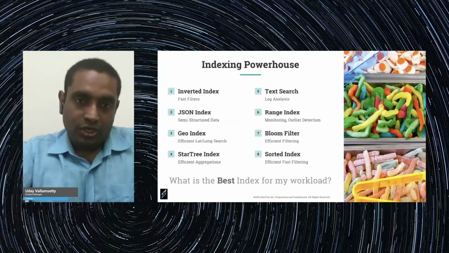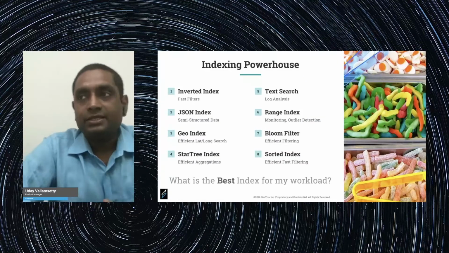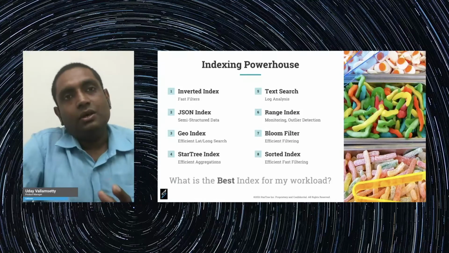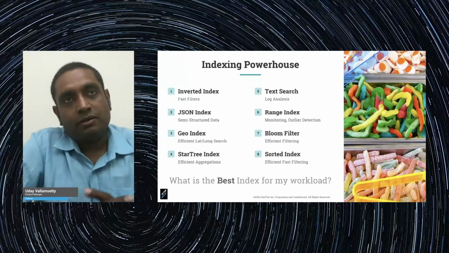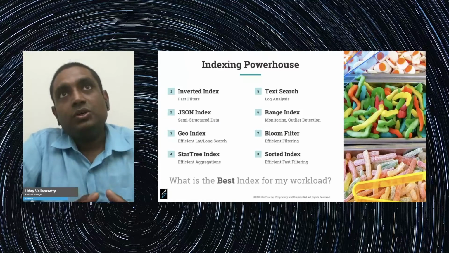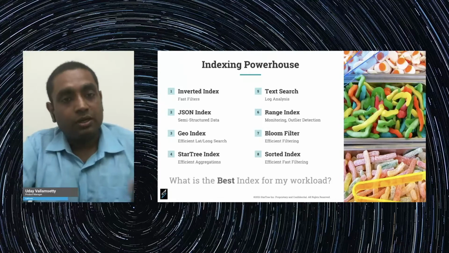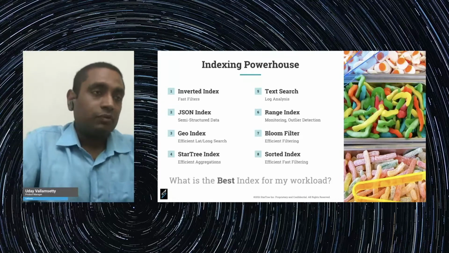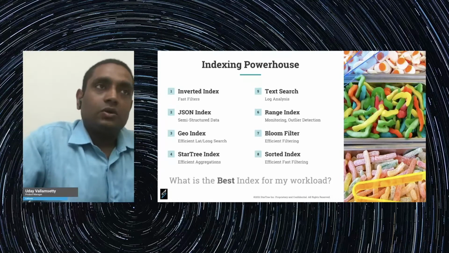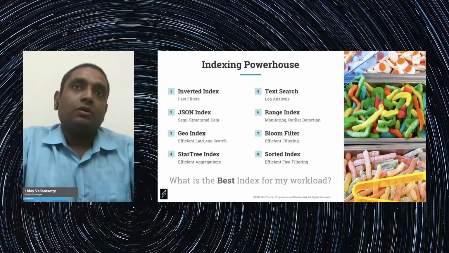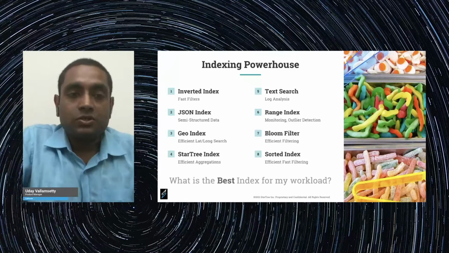Now let's switch gears and talk about the indexing powerhouse that is Pinot. Like I mentioned, Apache Pinot has a range of indexes that are available to the users to tweak and pick and choose based on the workload that you're using. Inverted index, JSON index. For example, if you have semi-structured data, the JSON index allows you to query nested layers of the JSON without losing the integrity of the JSON object.